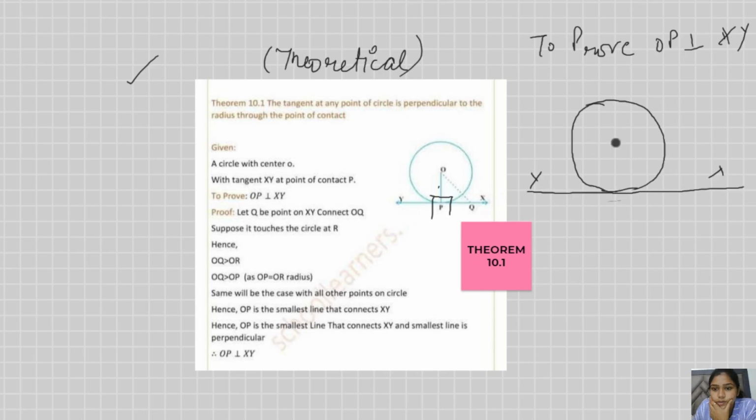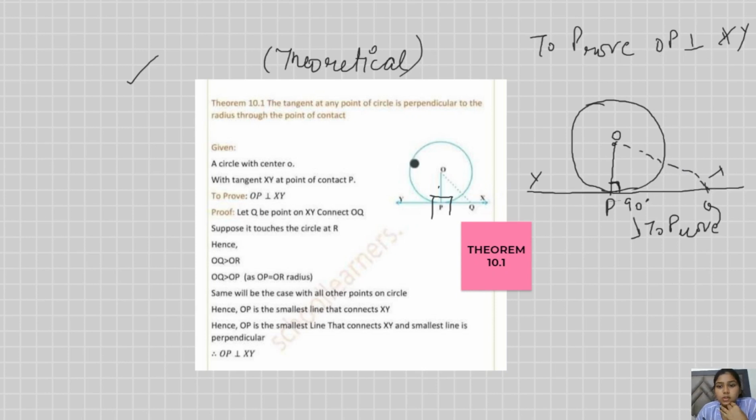So this is the tangent XY, and this is the circle with center O, and P is the point of contact on the tangent. Now you have to prove that this angle OP is 90 degrees. To prove this, let Q be any point on XY, and join OQ with a dotted line.